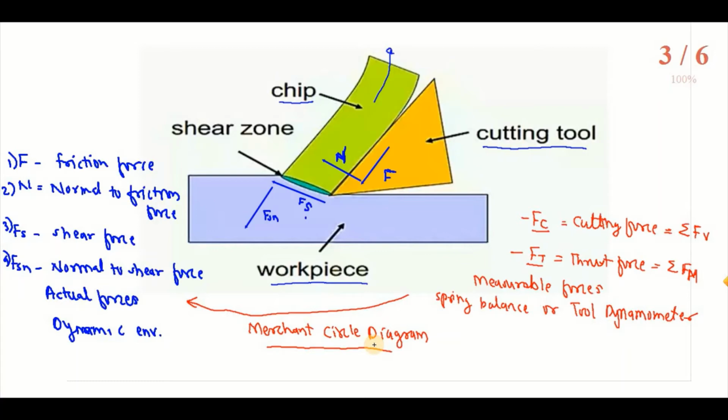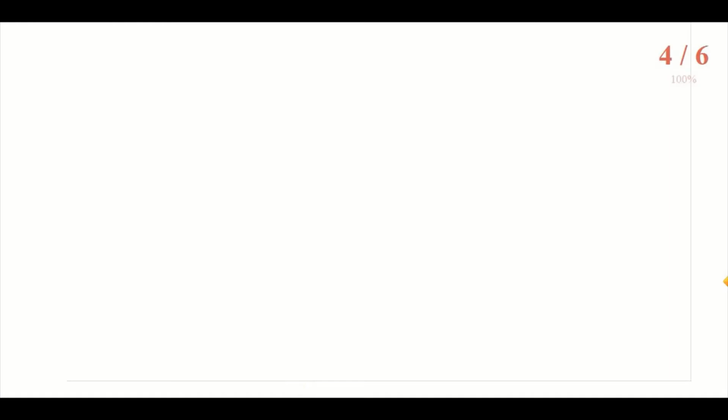So this Merchant circle diagram gives the relationship between measurable and actual forces. So how we are going to draw this Merchant circle diagram, that we are going to see. Now first we'll draw the cutting tool which is doing the machining operation.